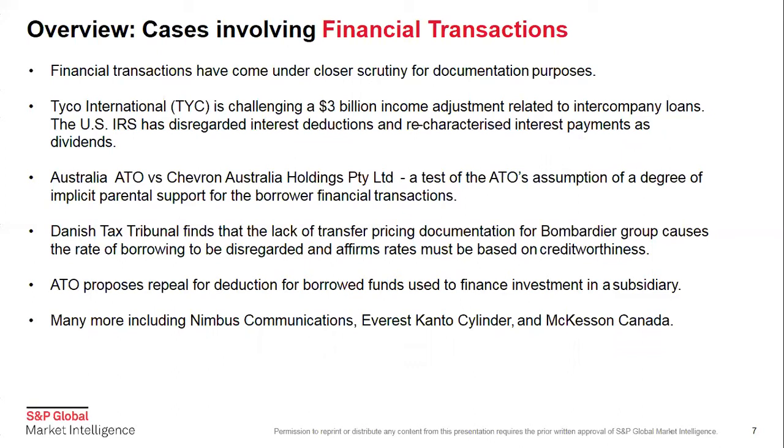When we take a look at all of these cases, you have to know that your clients have a high degree of risk that can be associated with financial transactions. And we have seen that financial transactions are now becoming more a part of the landscape.